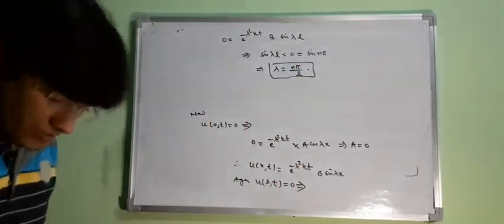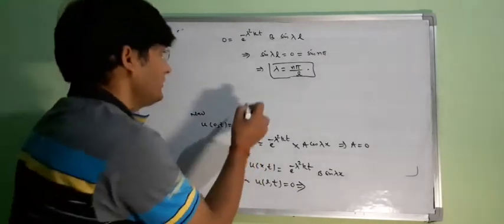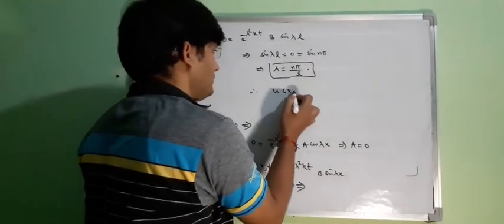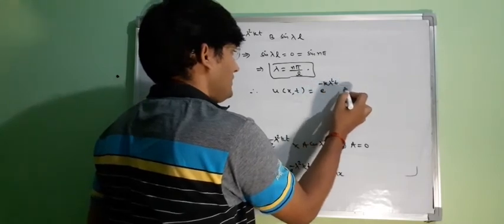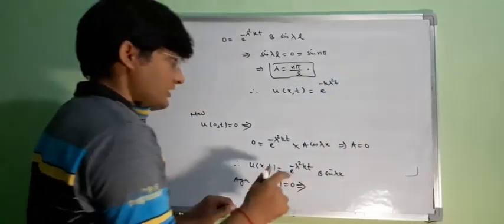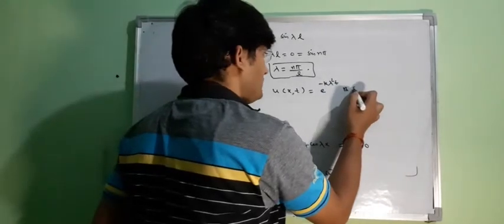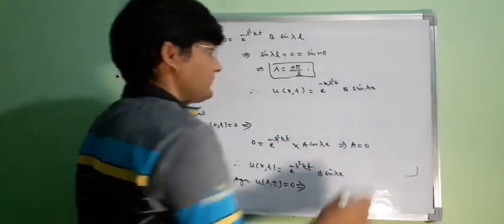Therefore our solution is u(x,t) equal to e to power minus k lambda square t into b sin lambda x.